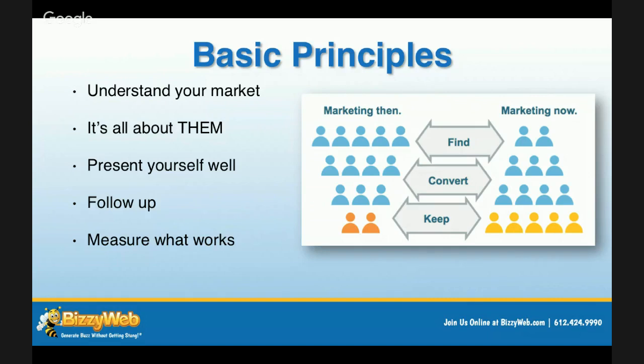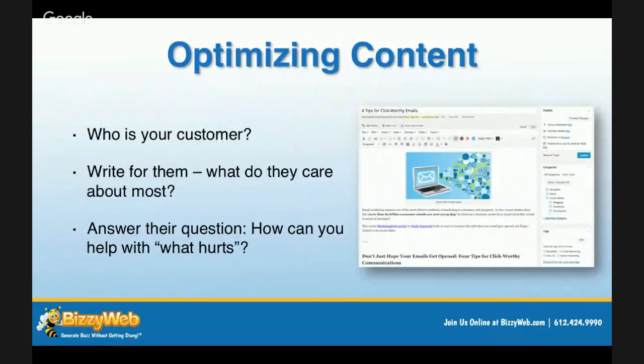So now let's talk about a few of the specific tools inside of marketing that can help you grow your business. First, inside of your business, you're going to want to focus on optimizing your content to generate additional leads. What that means is that you need to focus on your customer and write for that customer so that they understand what you can do for them.